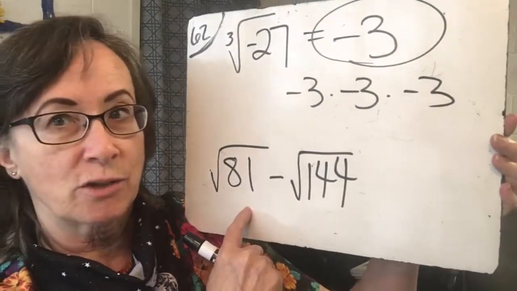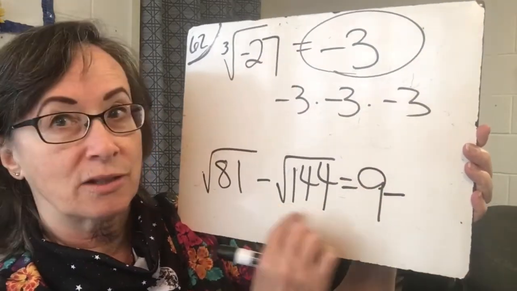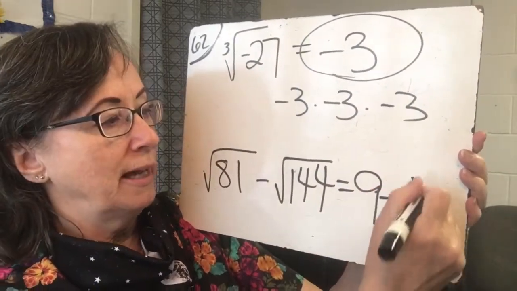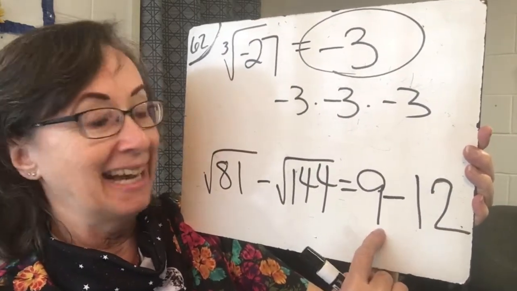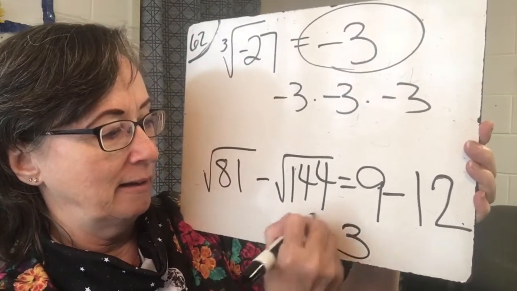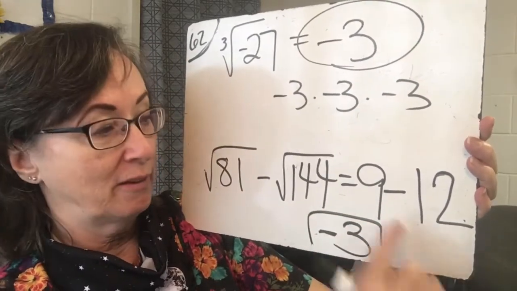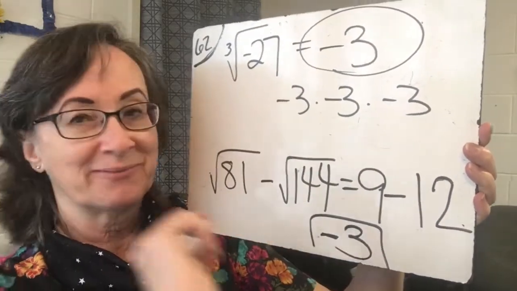Now I have the square root of 81 is 9, minus the square root of 144 is 12. So I have a negative number, don't I? 9 take away 12 is negative 3, because I don't have enough to take away the 12. So it goes into the negative numbers there.